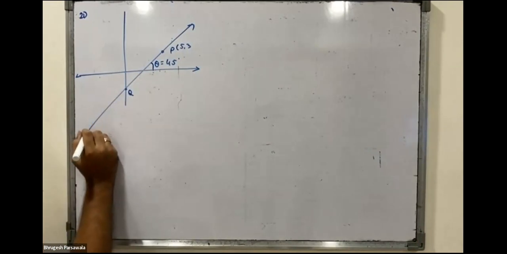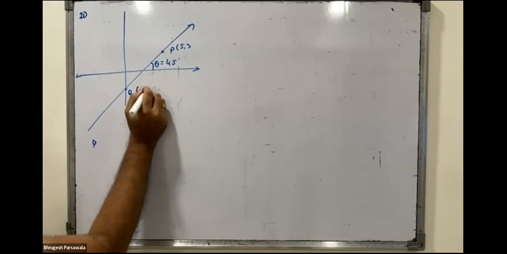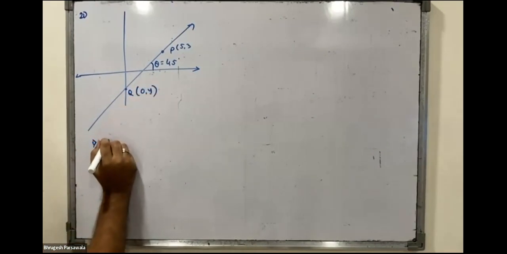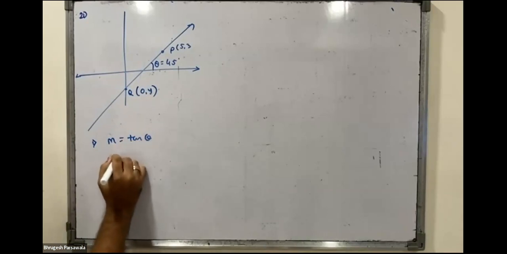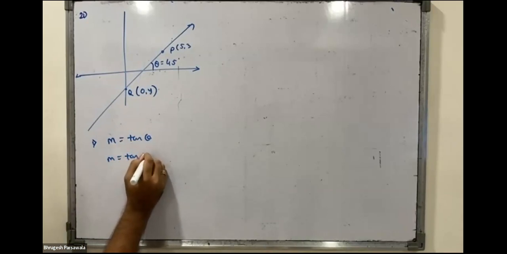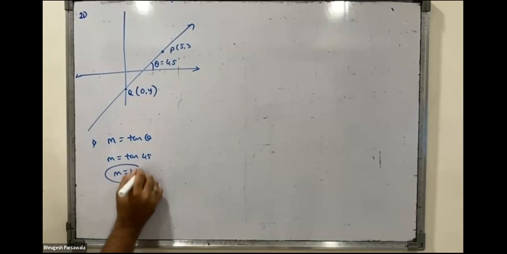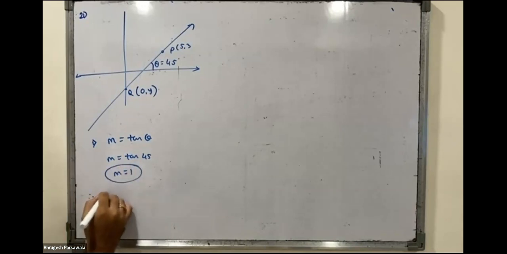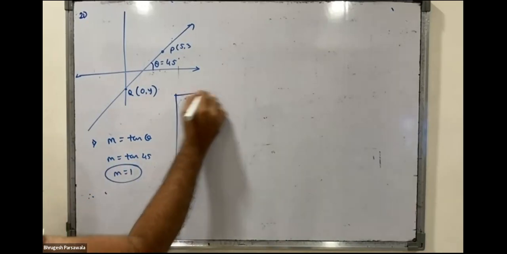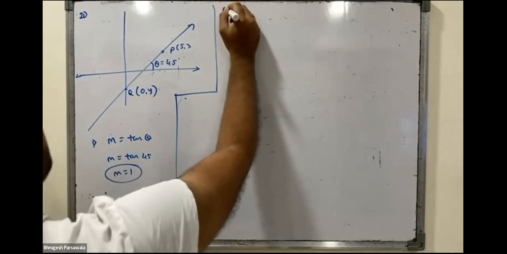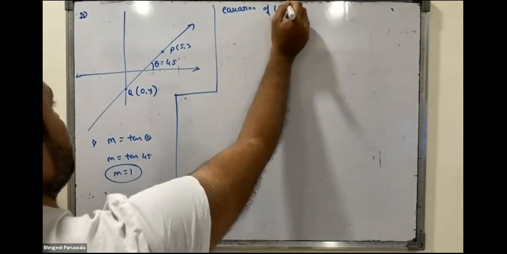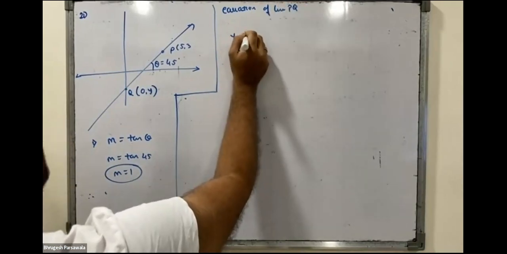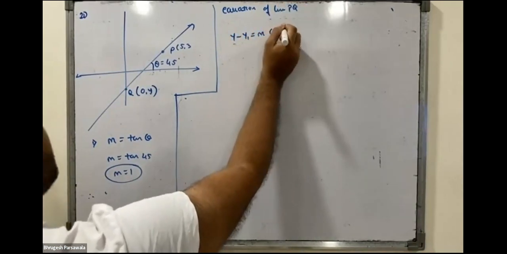Beta, here for PQ, beta. So first find the slope. What will it be, beta? Tan of theta, which is tan of 45, which is 1. Okay, therefore the equation of line PQ: y minus y1 equals m into (x minus x1).